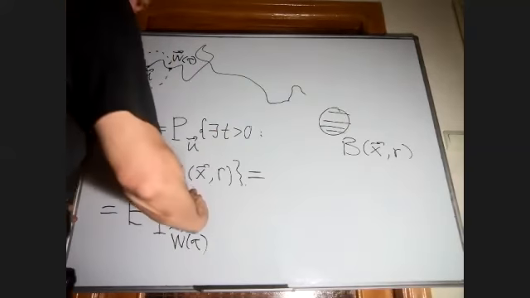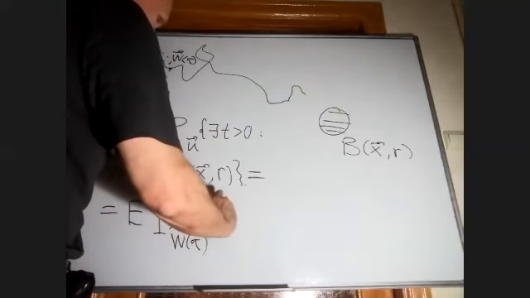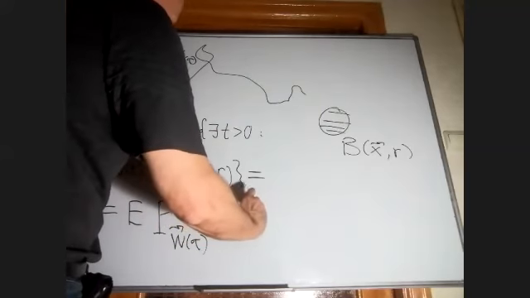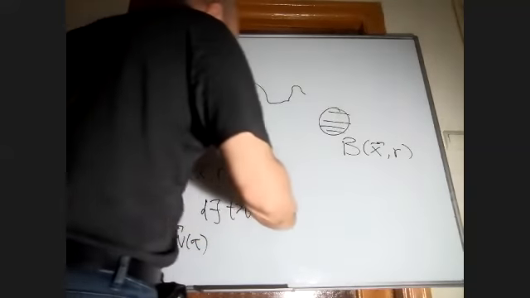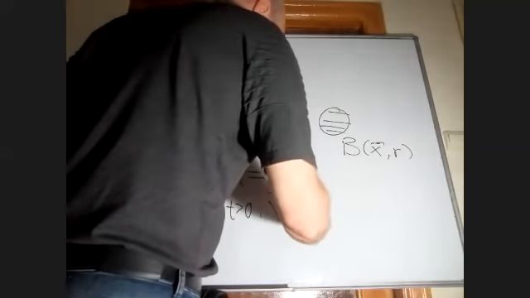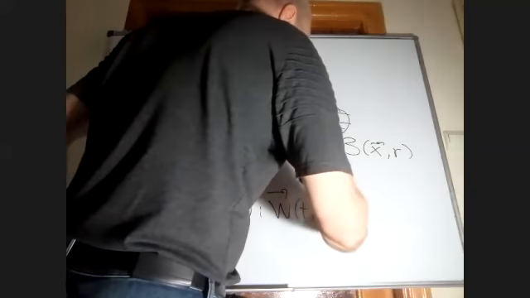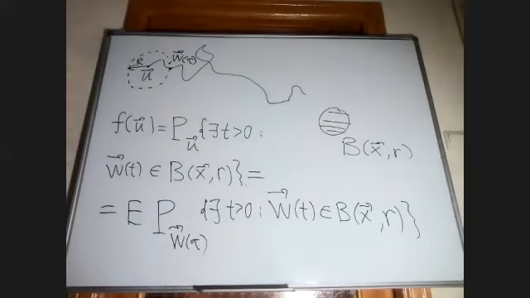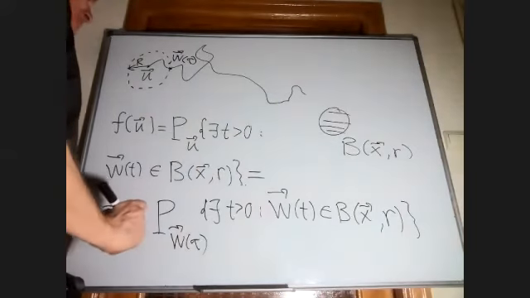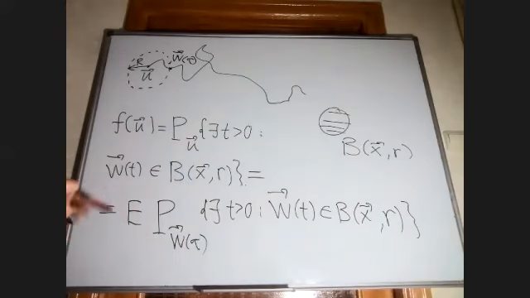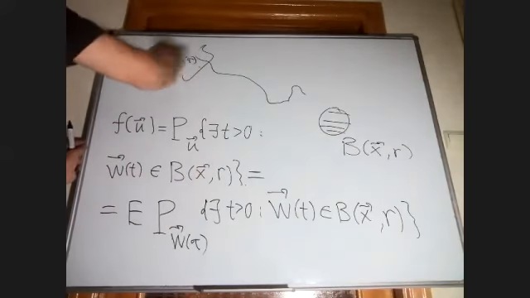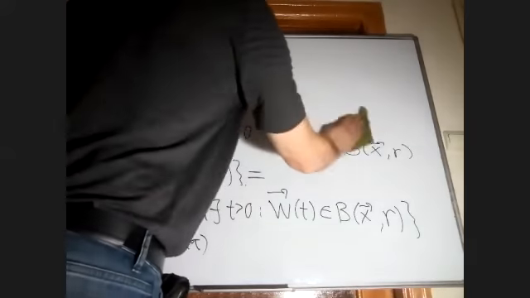and here is the same: there exists t greater than 0 such that W_t belongs to this ball B(x). So by this definition, our function f(u) satisfies the following relationship.